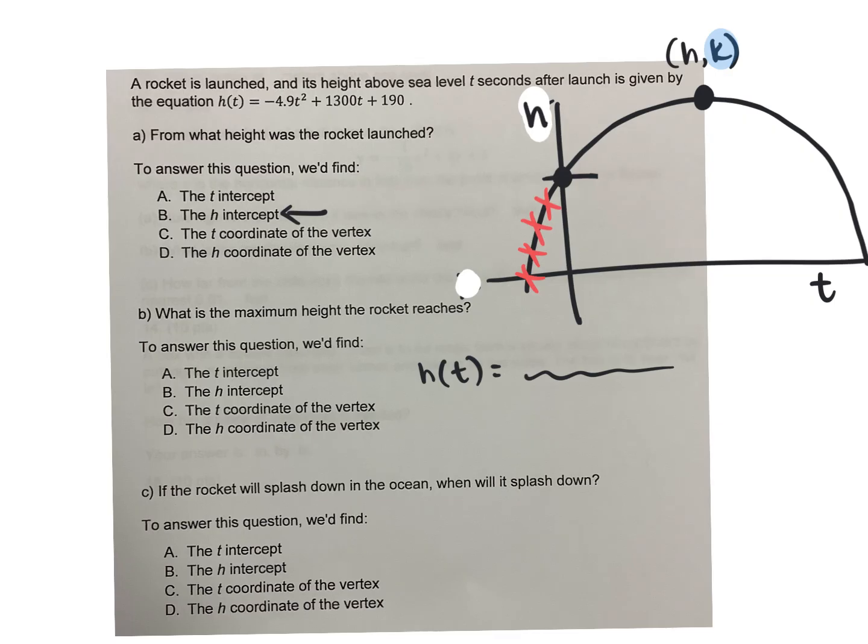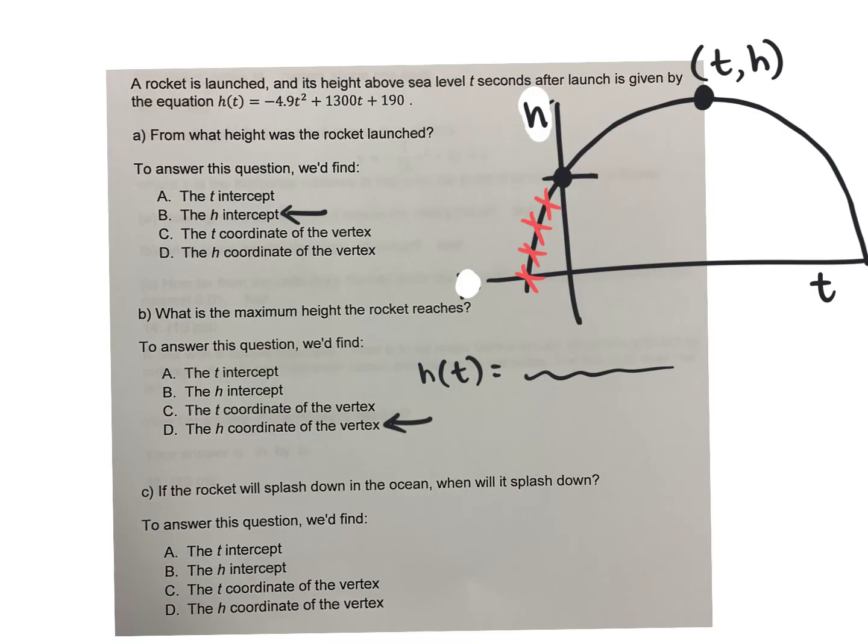So instead of hk, we are going to have th as the coordinates of every ordered pair point. So we want to find the h coordinate of the vertex for that answer.